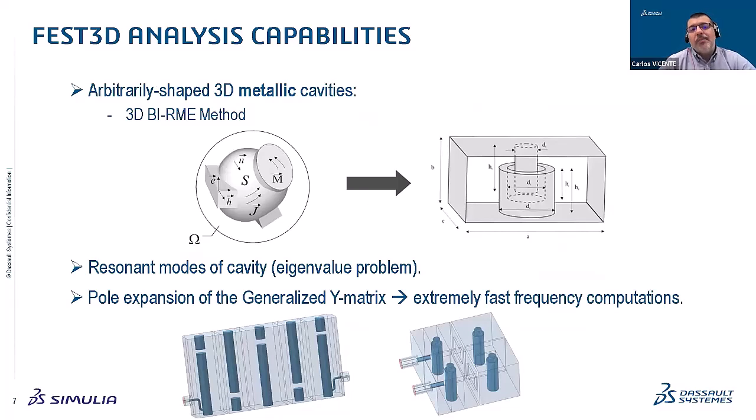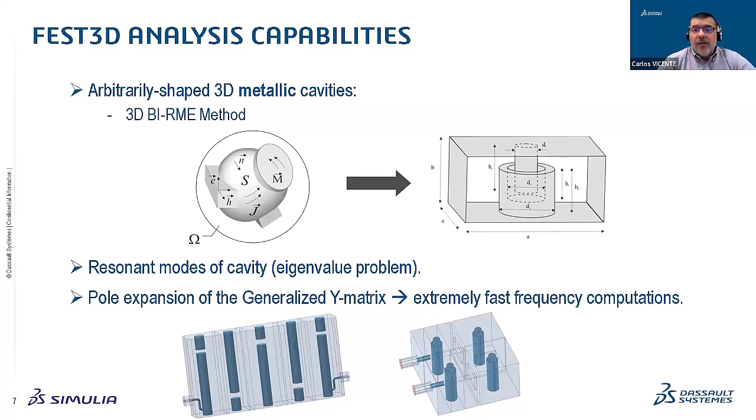Of course, our life goes beyond 2D, and many times we also need to solve 3D building blocks inside a component, or 3D parts. For the case in which we have metallic cavities, we have the extension from the 2D to the 3D Bermann method. In this case, as before, but again in 3D, what you are doing is computing the resonant modes in the cavity in terms of the modes of the resonant rectangular cavity.